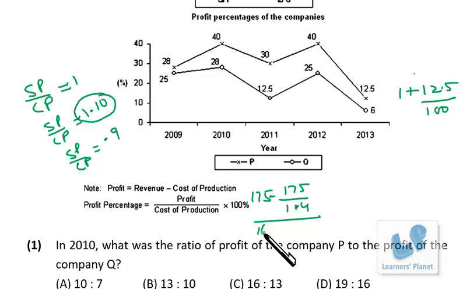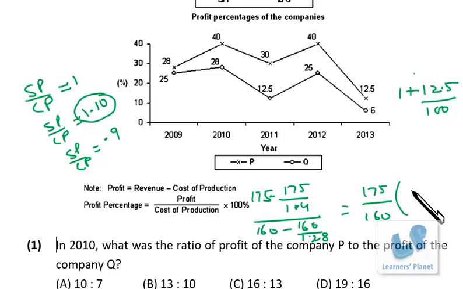So 160 minus 160 divided by 1.28. From this I can take 175 as common, 160 as common, 1.4 minus 1, so that's 0.4, and divided by 0.28. The decimal point can be removed. I'll be having 40 by 28.